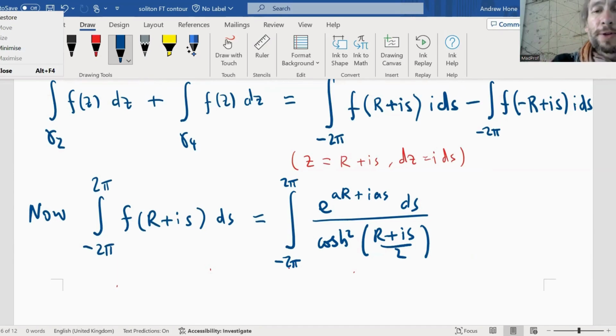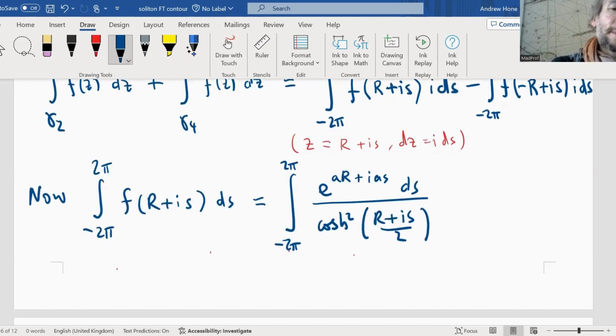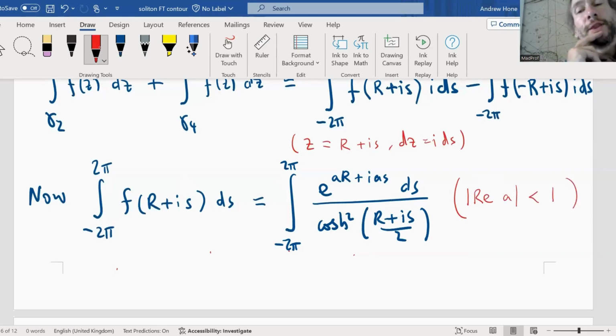And the way that we're going to do that is by having a look at the hyperbolic cosine in the denominator. But this is actually where we need the assumption that we mentioned at the start, which is that the real part of the parameter A lies between -1 and 1. Or another way of saying that is that the modulus of the real part of A is less than 1.